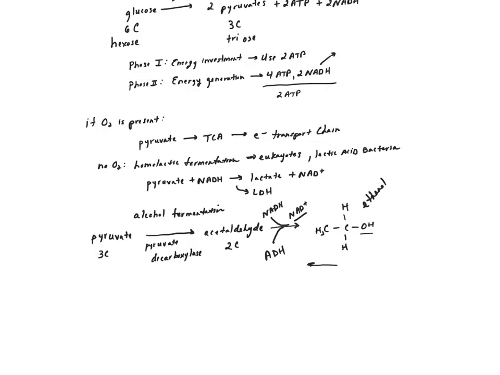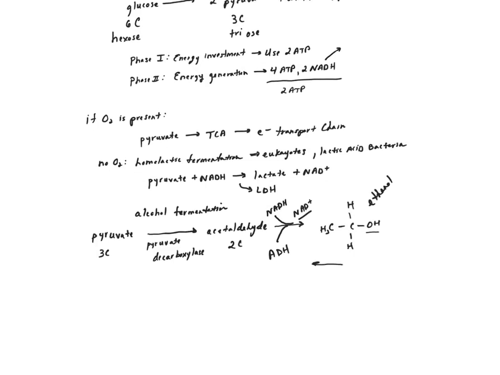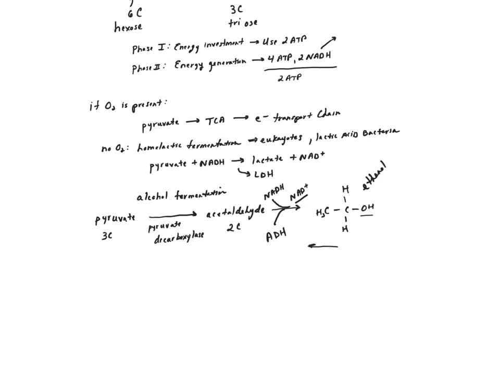Okay, so let's talk really quickly about energy efficiency with respect to these two possible prospects for pyruvate, okay, both the homolactic fermentation as well as the alcohol fermentation. So overall, with respect to the homolactic fermentation, we are going to take glucose and we are going to turn it into 2-lactate and then 2 protons.